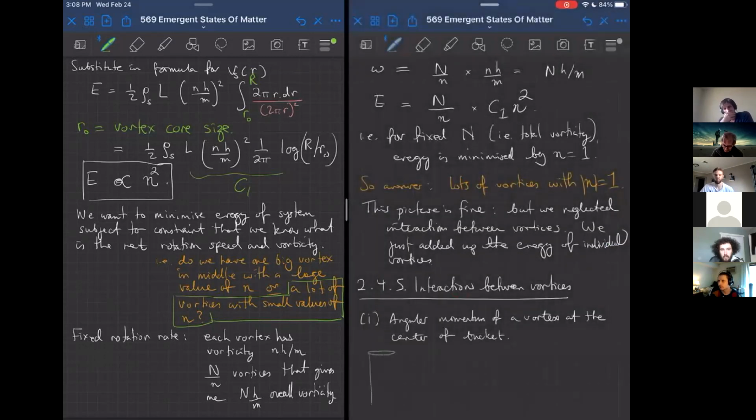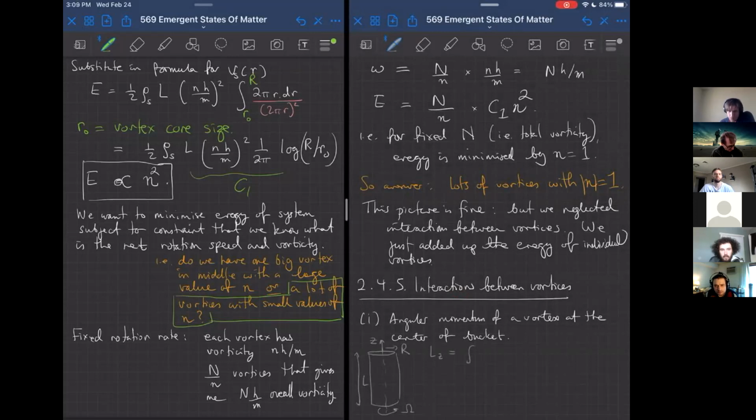So the picture that we're going to have is just the usual thing. So here is our bucket. Somewhere in the middle here, we have a quantum vortex line. The radius here is r. The height is L. Everything is rotating with some speed, capital omega, like this. And the z direction is the one that is pointing up, like so. And so what is the angular momentum in the z direction? We can just simply write that down.